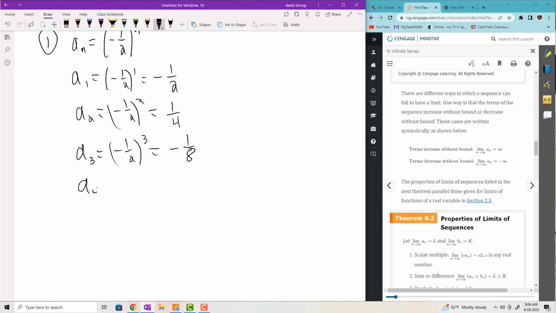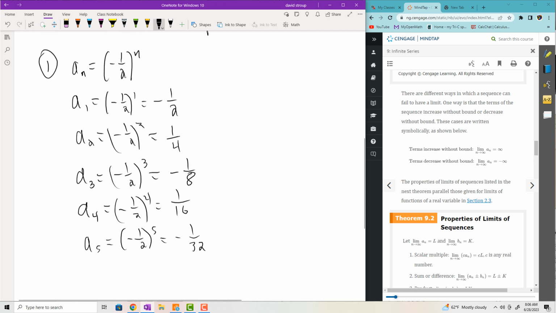And a lot of the fun is just coming up with these nth term formulas that generate sequences of terms. So negative 1/2 to the 4th is going to be 1/16. And then the 5th term, negative 1/2 to the 5th, is negative 1/32.